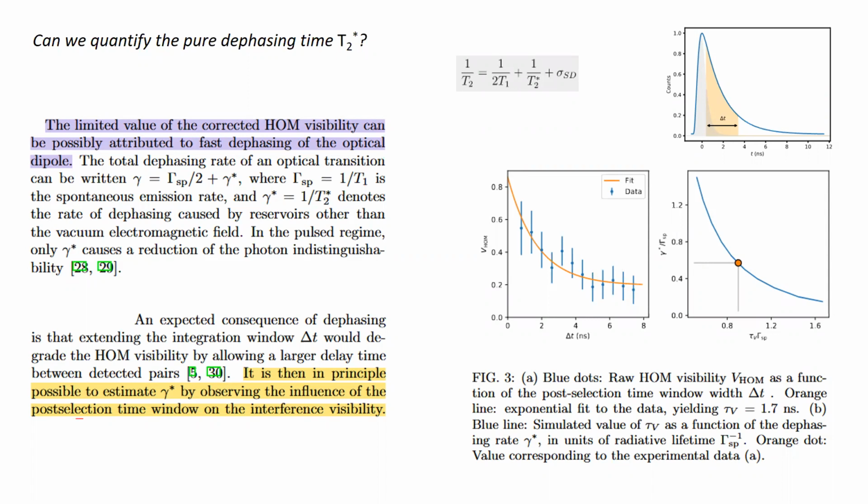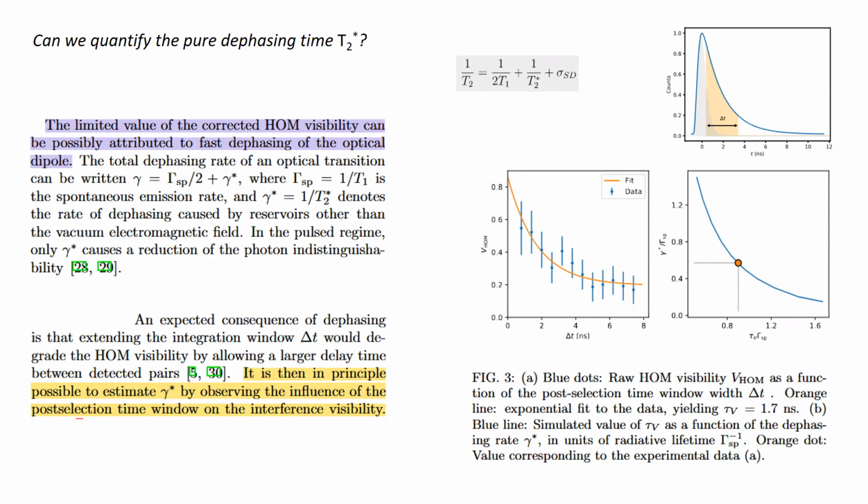The longer the collection window, the more likely it is that dephasing will occur, right? Like the larger the chance that you'll have an interaction with the quantum, hence your visibility will go down because the phase shift is more likely to occur.